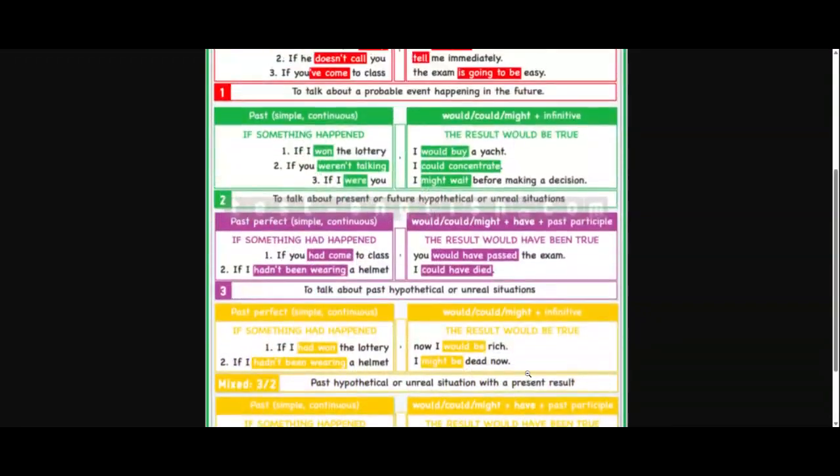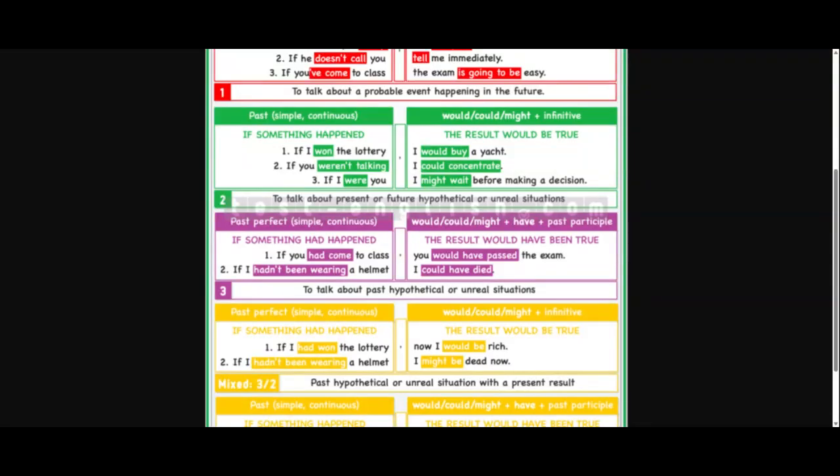Third conditional is to talk about past hypothetical or unreal situations. I like to say that this is the most unreal conditional structure. Ajá, es la estructura condicional más irreal de todas. Why? Because third conditional refers to the past. As we cannot change, the past is fixed.